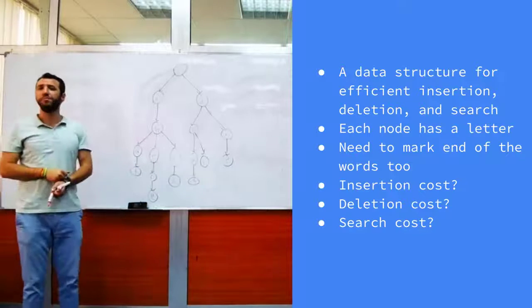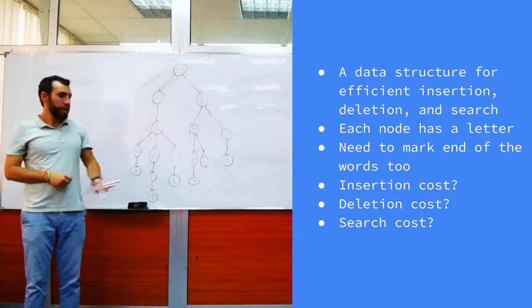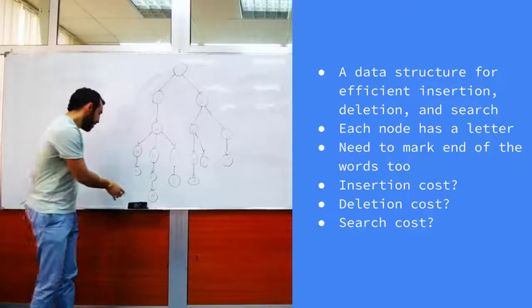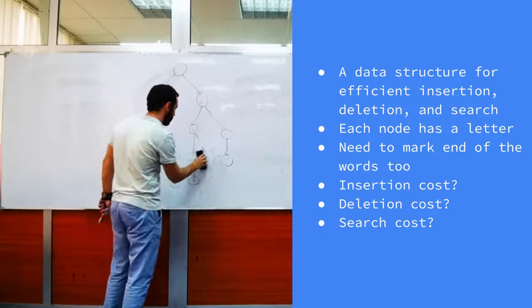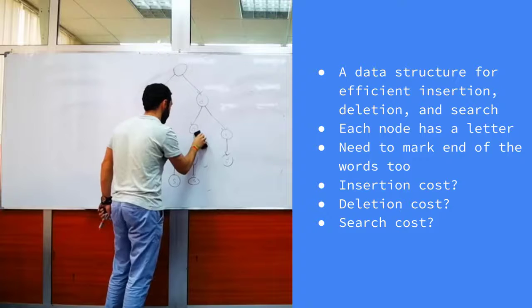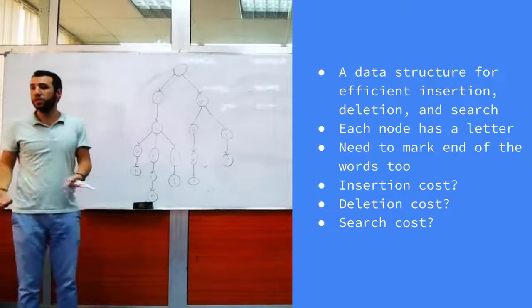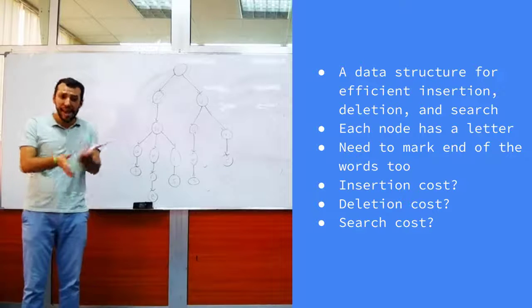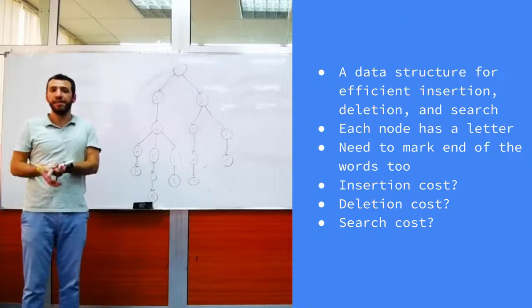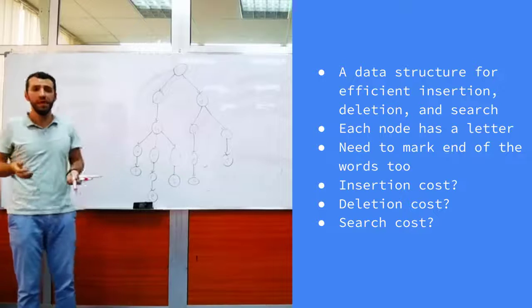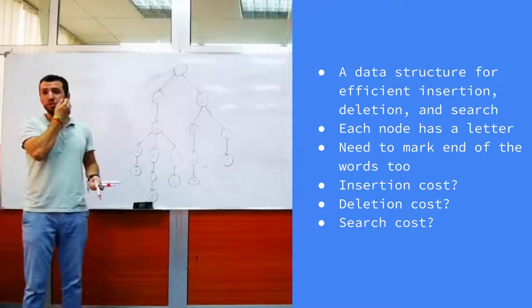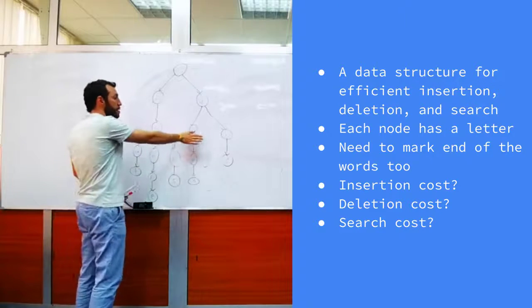How about this guy? Is this the same? If it has no children, it has to go. Actually, it's not just if it has no children. It's if it's not the end of a word and it has no children. Because it's possible that it's the end of the word of another word. Let's say we didn't have das.